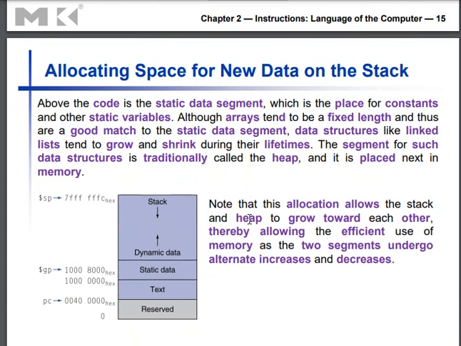Let's look into the stack and the dynamic data here. Allocation allows the stack and heap to grow towards each other. The stack, as I told you already, grows downwards, and the dynamic data grows upwards.